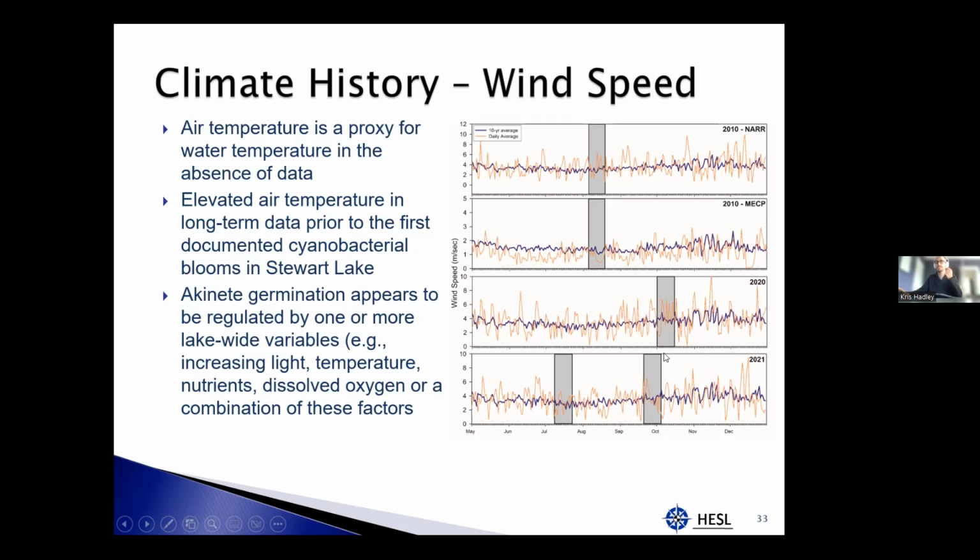Not as obvious, unfortunately, in the, sorry, I had a window of pictures that was blocking it. There we go. In the 2020 and the 21 data. We do see in 2020 a brief period of a very low followed by very erratic.